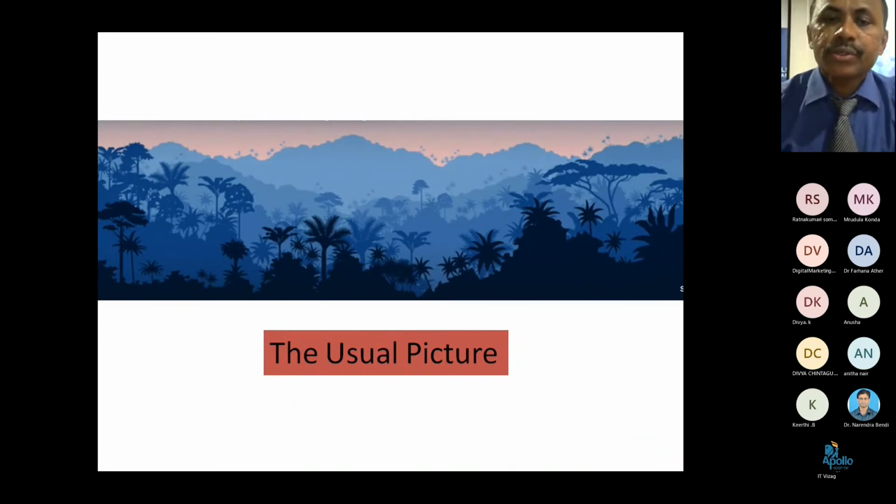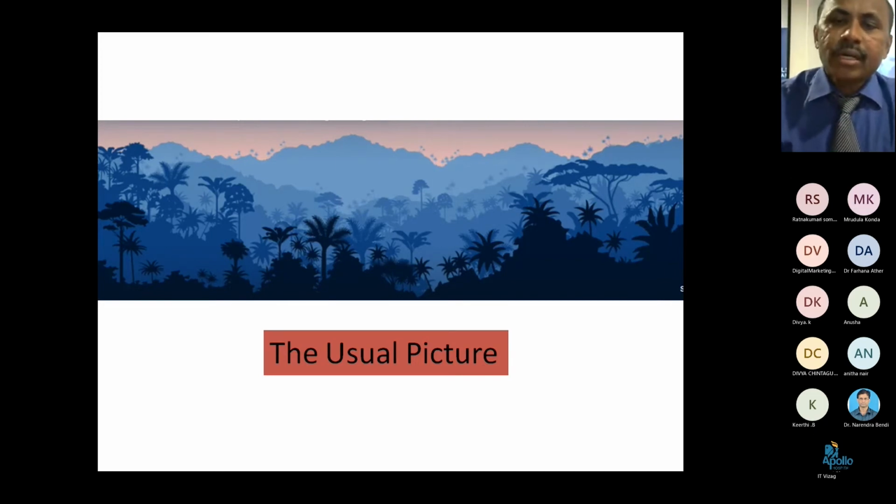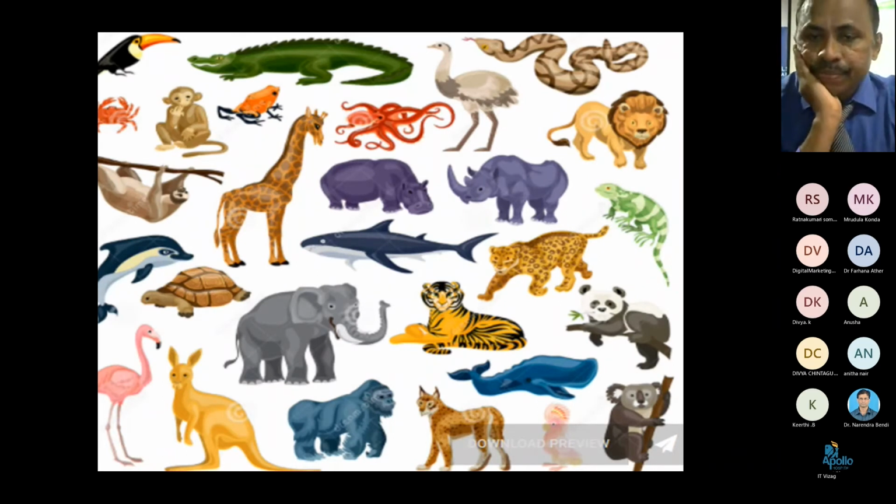So grossly, what you can see if you go to a resort or a hilly region is what you see here on the slide. Lots of trees, hills, ups and downs everywhere, clouds on the top and water on the bottom. And then grossly, we have a lot of animals too.